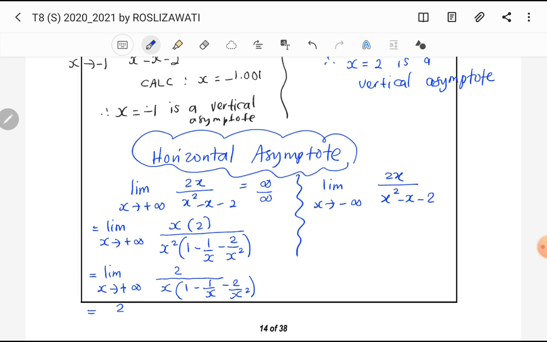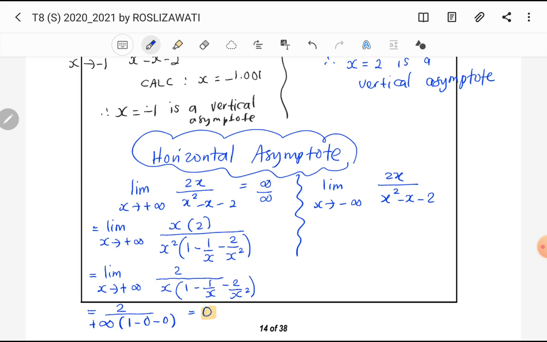So we have 2 over infinity, positive infinity, times 1 minus 0 minus 0. And the answer is 2 over infinity. The answer is 0. Yang 0 ni lah kita punya horizontal asymptote.